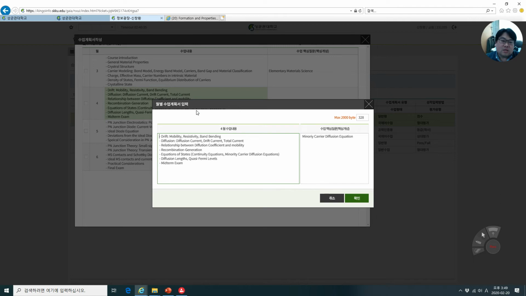Then by summing up drift current with the diffusion current, we can understand and describe the total current in silicon material. Okay. So many basic concepts associated with solid state physics will be studied, definitely including recombination, generation and others, diffusion length, quasi-Fermi levels, and others.